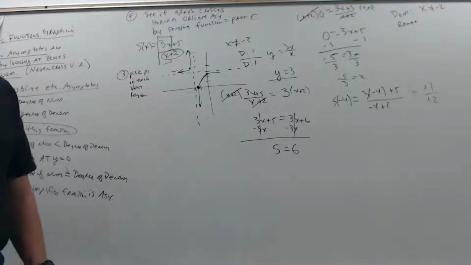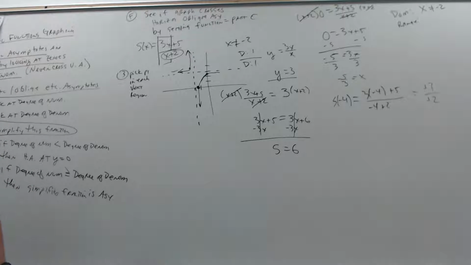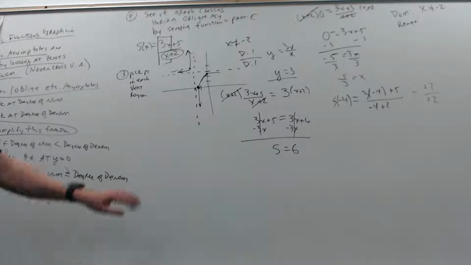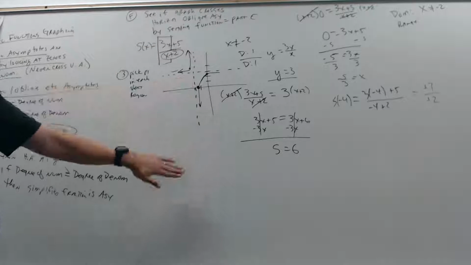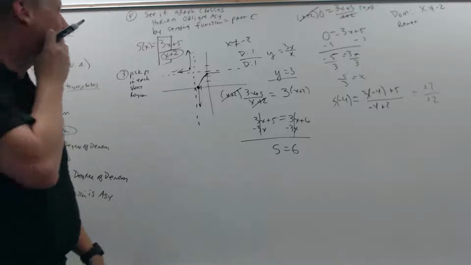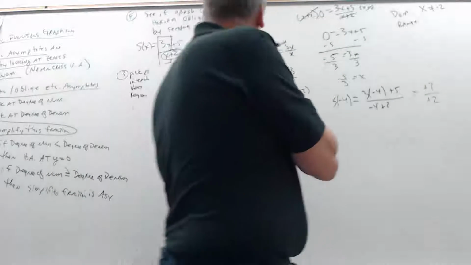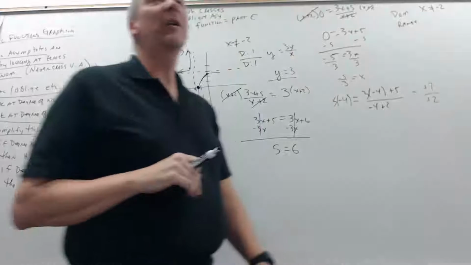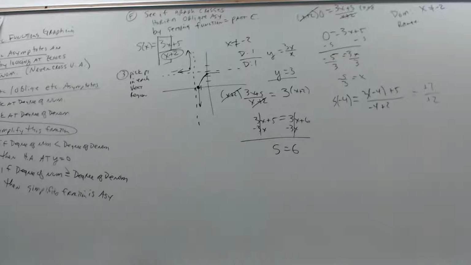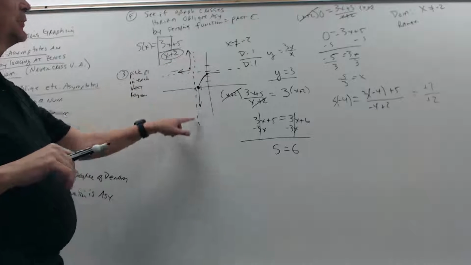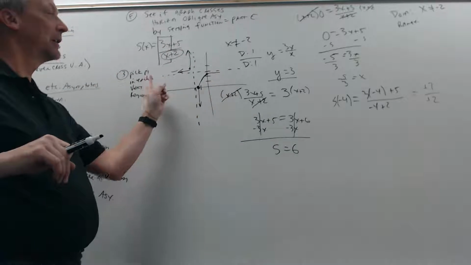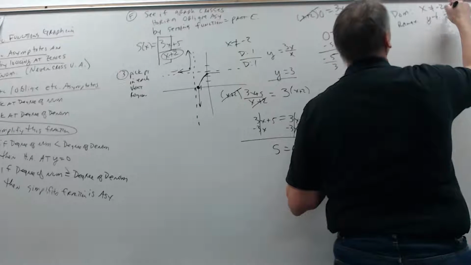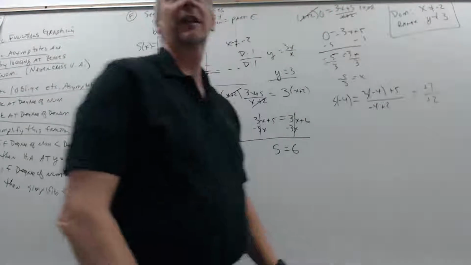Is that just setting it equal to 0 for y? Look at your range. What are all the possible y values you can pick? There's only one value that I can't pick for y, just like there's only one value I can't pick for x. X cannot be -2. Y cannot be, what was that? 3? Y cannot be 3. That's your domain and your range. That was easy, right?